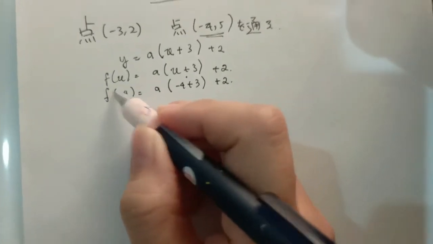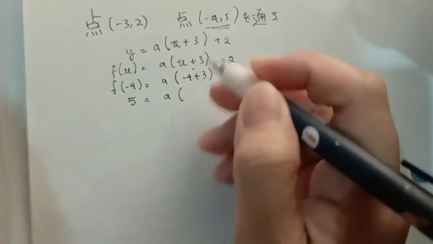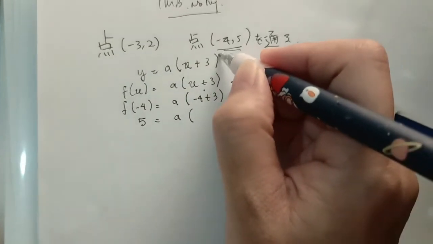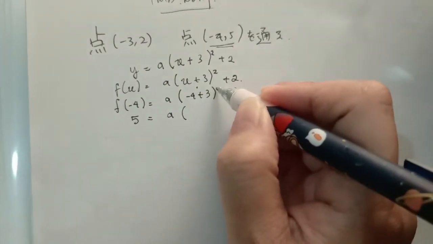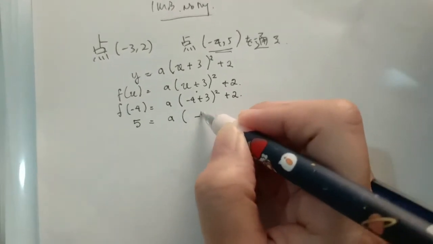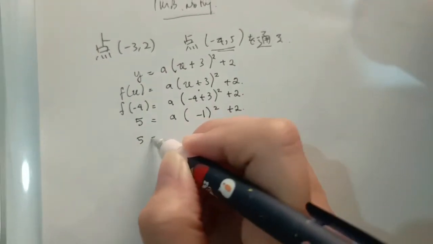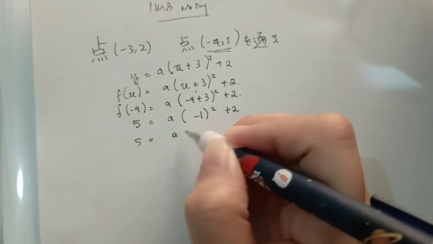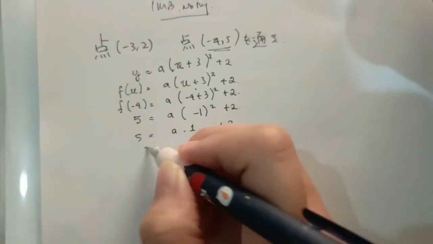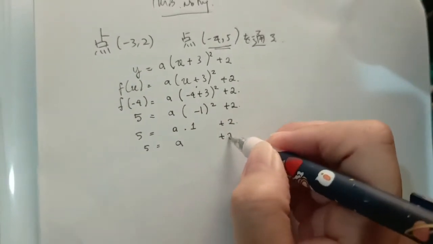Okay, because this is equal y. 5 equal with a, oh yeah, I forgot the square, -4 plus 3 is -1 squared plus 2. 5 equal with a multiply 1 plus 2. 5 is a multiply 1 is a plus 2.